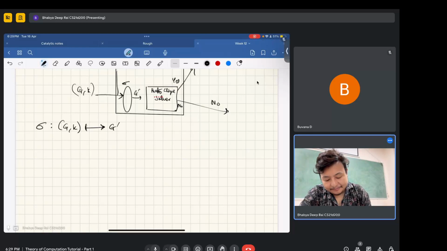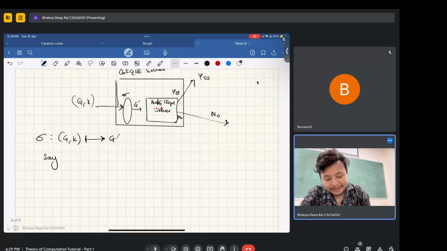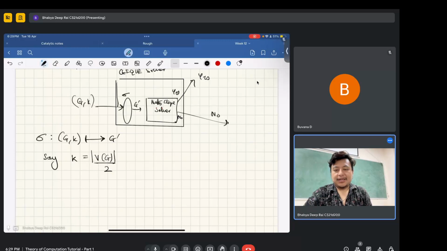First, let's say the input to this clique solver, the k, is already the number of vertices divided by 2, exactly equal to. Then the problem of half clique is identical to clique, right? Whenever k is given as number of vertices divided by 2, we are asking whether there is a clique of size half the number of vertices. Then what will I do?